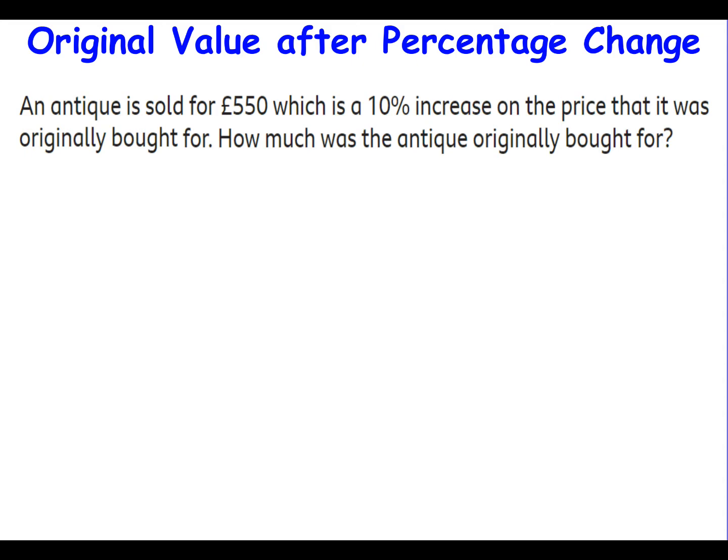Our second example shows that an antique is sold for £550, which is a 10% increase on the price that it was bought for. How much was the antique originally? So we've got the original price, we've got an increase of 10%. So we've multiplied something by 1.1 to get 550.